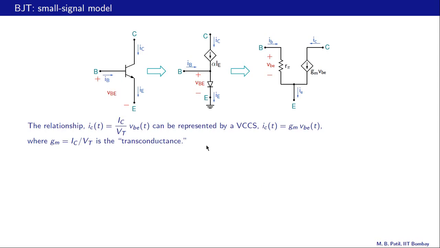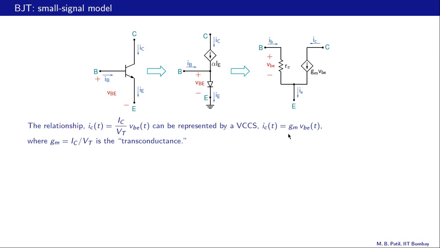And that brings us to the small signal model of the BJT, and it is now clear why it is called small signal, because the base emitter signal voltage must be small as compared to the thermal voltage VT. And then we have this relationship that we saw in the last slide. Now this equation can be rewritten as ic of t, the signal part, equal to vbe of t times gm, where gm is IC by VT.